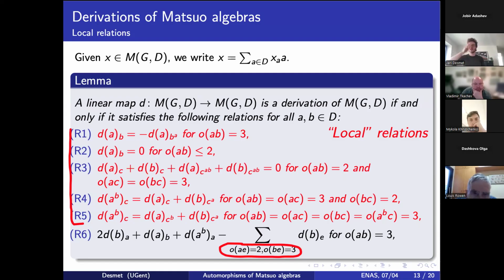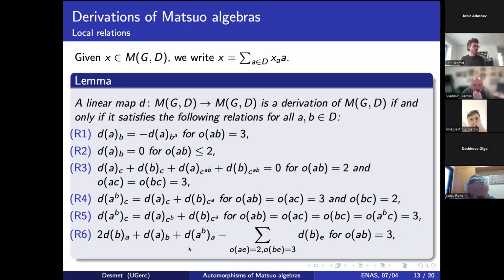But the sixth relation just enumerates over things that are orthogonal to A but not orthogonal to B. So if I have A here and I know that B sits here, I'm essentially enumerating over so-called dual affine planes, so the E's I'm summing over in R6 are precisely these ones.